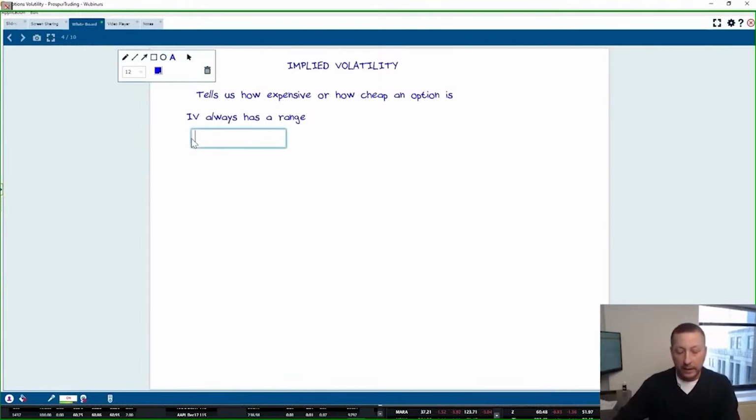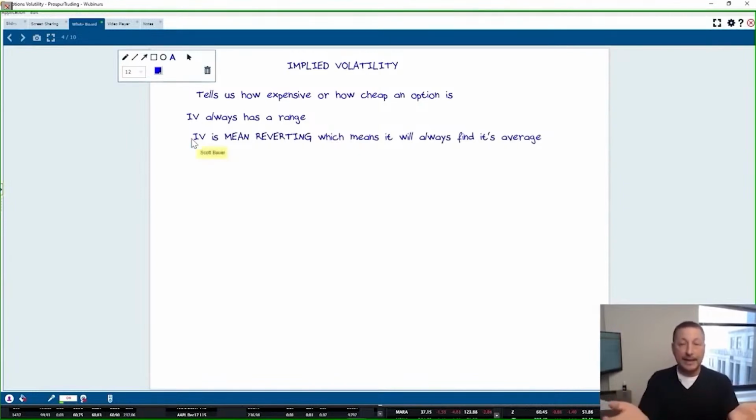And as I said, implied volatility is mean reverting, which means it will always find its average price. The key is to know when to sell, when to buy, when to anticipate volatility going up, when to anticipate volatility going down. That's just a very simplistic overview.